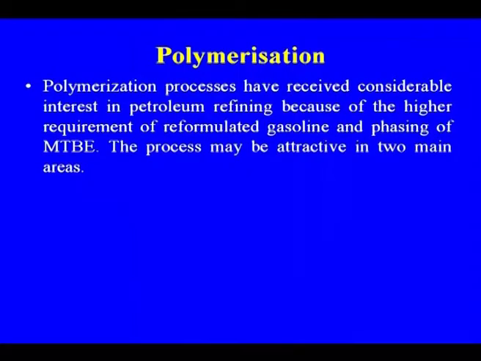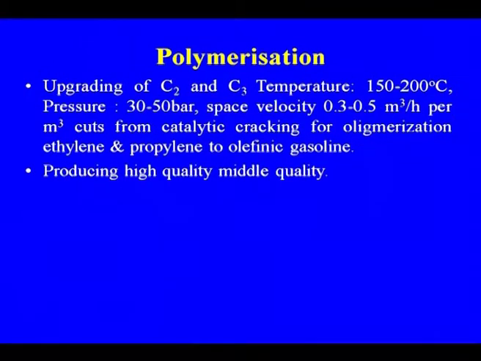So the process may be attractive in two main areas, one from the petroleum side and the other from the petrochemical part. Upgrading of C2 and C3: temperature 150 to 200 degrees centigrade, pressure 30 to 50 bar, space velocity 0.3 to 0.5.